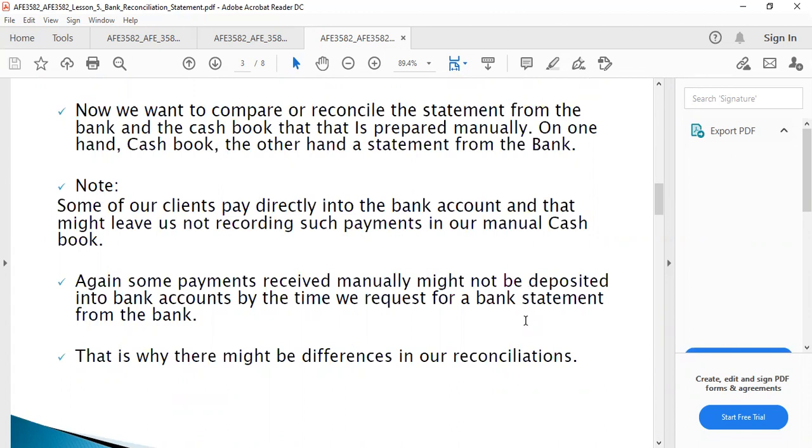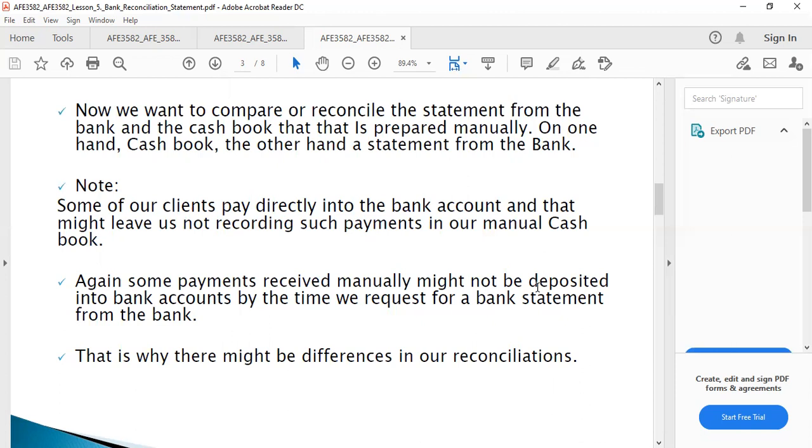So what you did is you were owing Game, one of your suppliers. You buy your stuff from Game, so you decided to give Game a check. On the 30th, you gave Game a check. Then you recorded in your cash book that my bank account has decreased by the 500 check that I gave to Game.